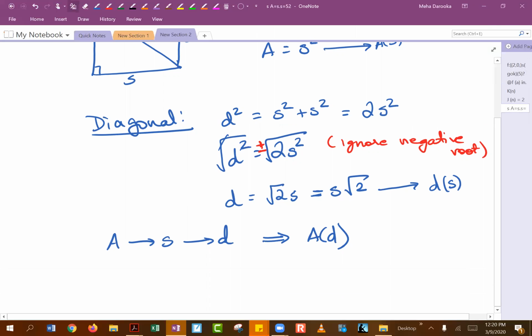When I have d of s, which is what we just calculated, we are saying you are calculating the diagonal based on the side. They are asking us to find the formula for the area where you have to use the diagonal instead of the side as your calculation. So if the diagonal of this square was given to us and the side was not, we should still be able to calculate the area of this square. Okay?